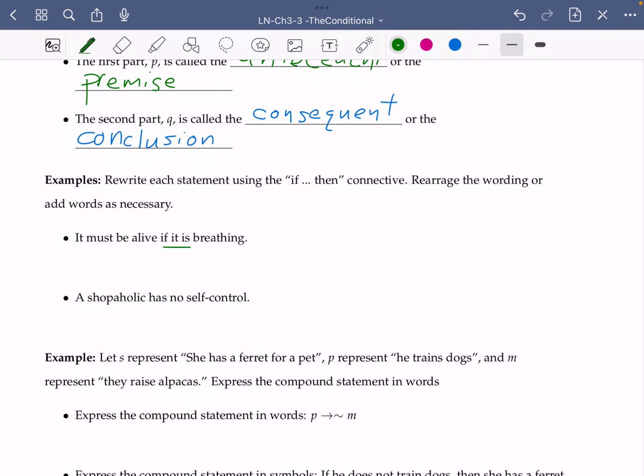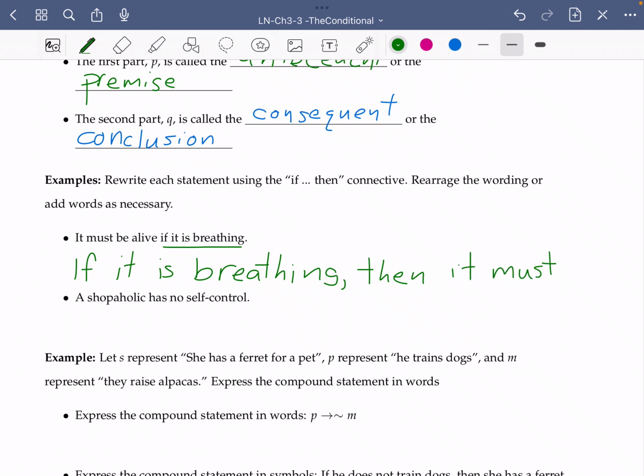So we have the if portion, if it is breathing. And the conclusion that we're able to make is if it is breathing, then it must be alive.